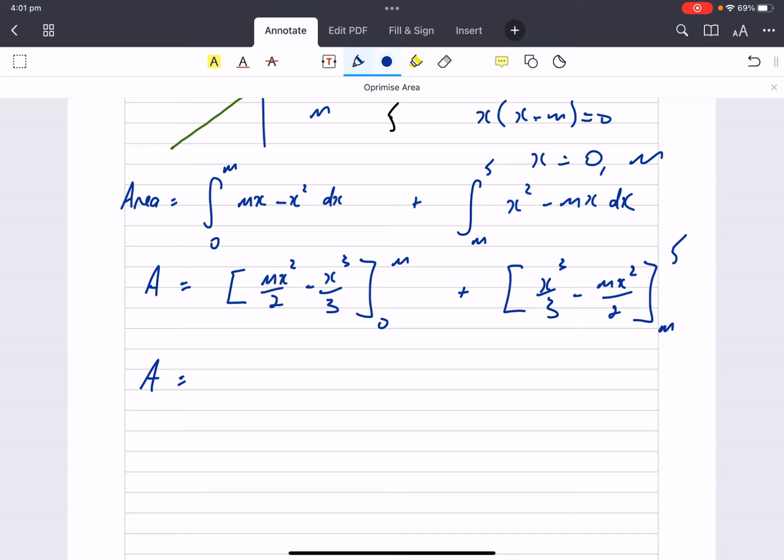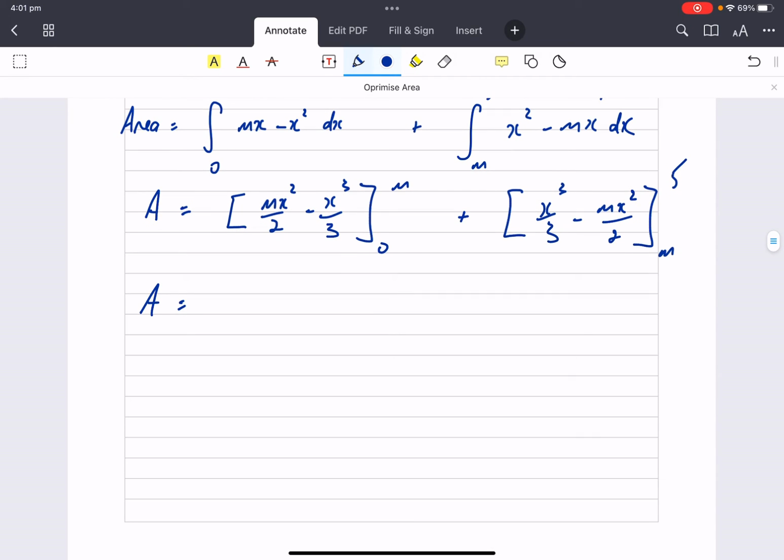I need to put the m in first, so that's going to be m cubed on 2 minus m cubed on 3. That's your first bit of that integral. And then I'm going to put the 0 in, so that next one is just going to be 0. I like that one. And then I've got to put this 5 in.